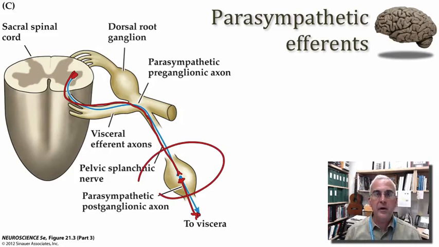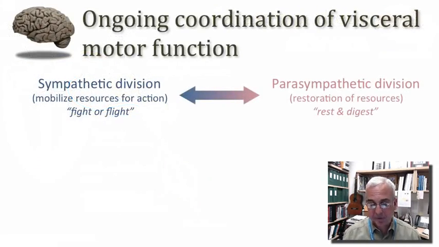Now, before we move on and consider more central aspects of visceral motor integration, I want us to just make a couple of points of emphasis here. I want you to understand that there's always coordination of activity in our sympathetic outflow and our parasympathetic outflow.